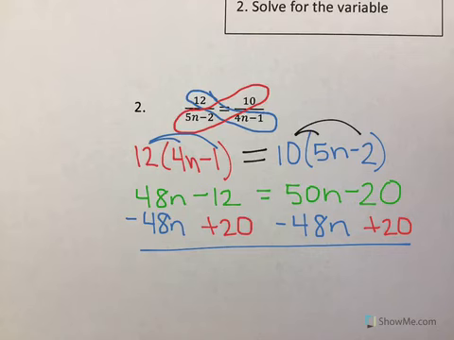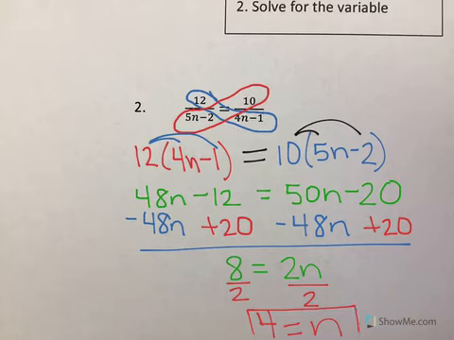So by doing that, we're going to end up with 8 equals 2n. And we have one more step. We're going to divide both sides by 2 so that our final answer will read 4 equals n or n equals 4. Either way, it works.